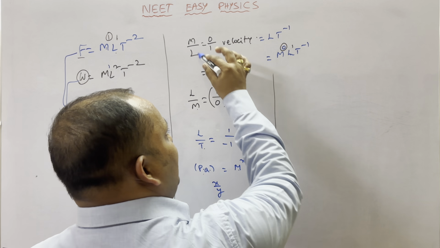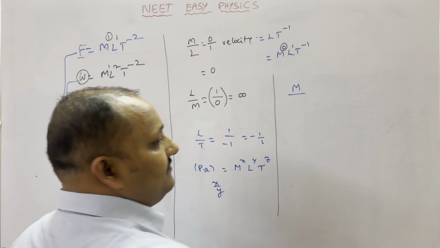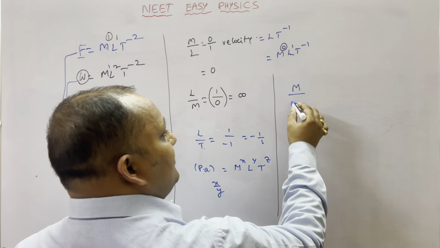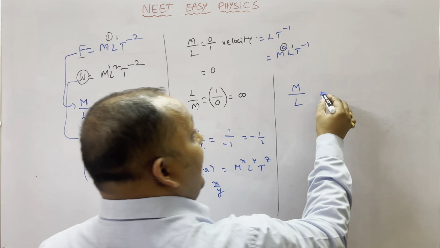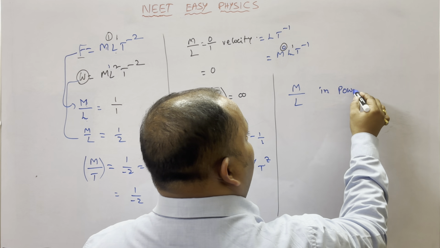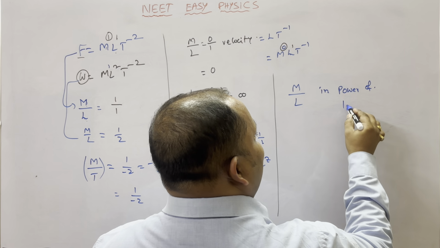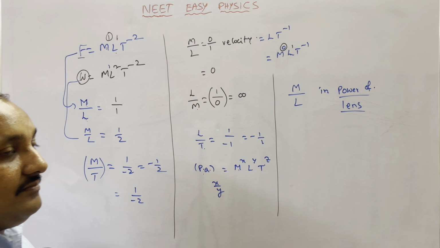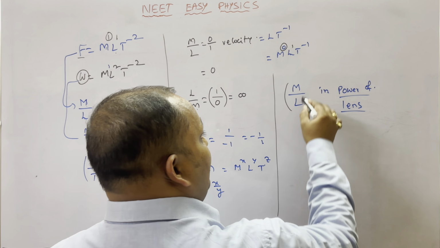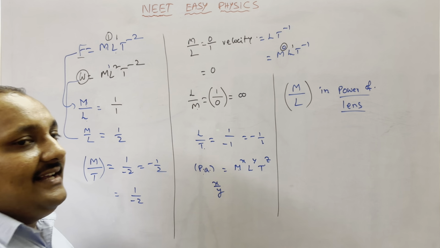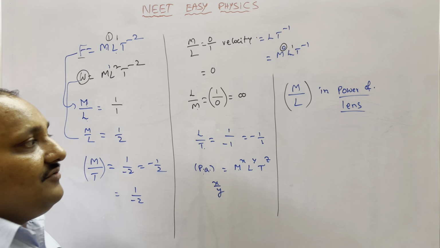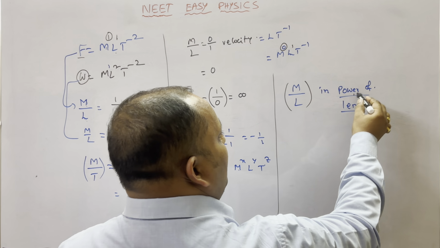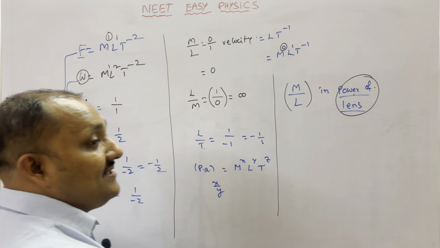What is the ratio of dimension of mass and length in power of lens? They are asking the ratio of dimension of mass and length. So first you should come to know the power of lens dimensional formula.